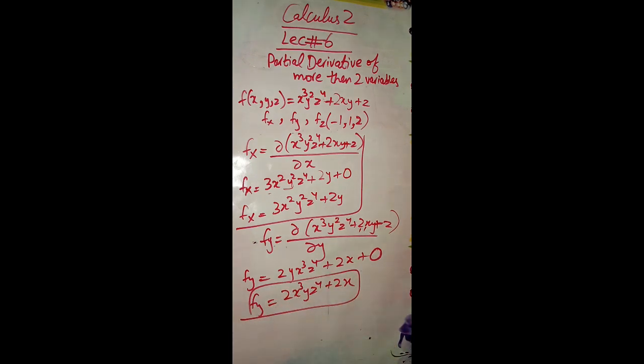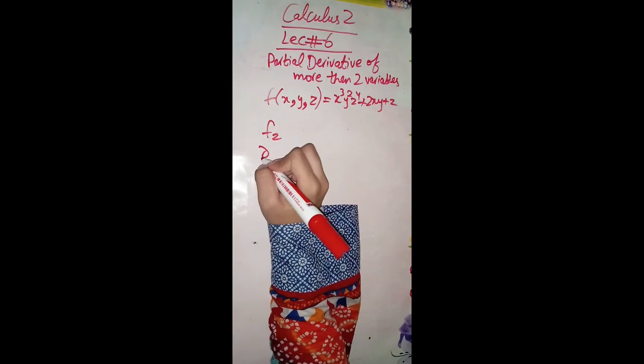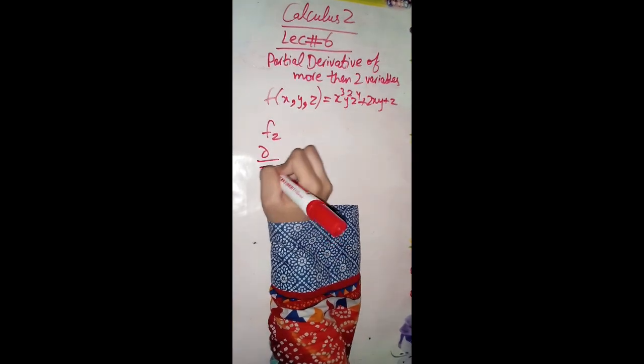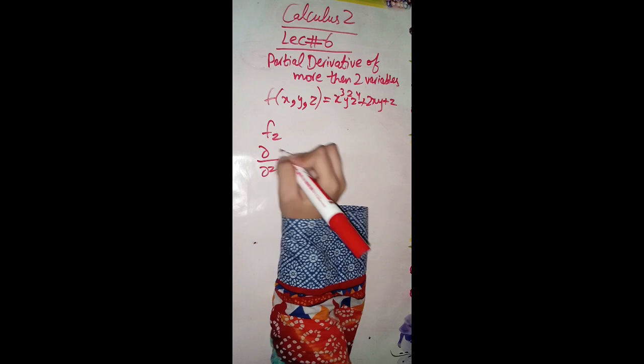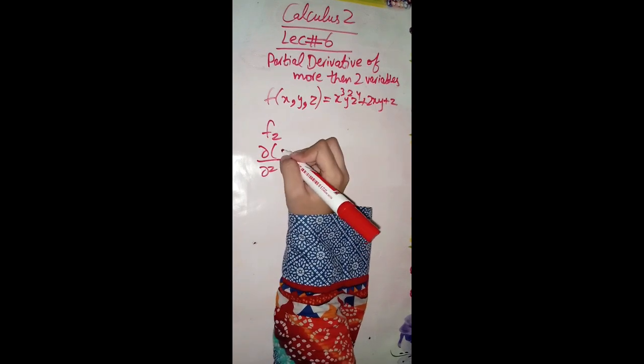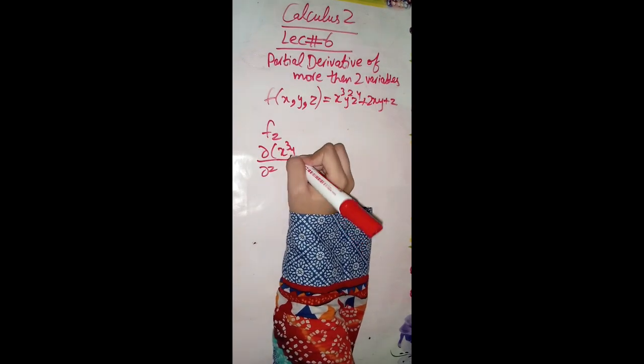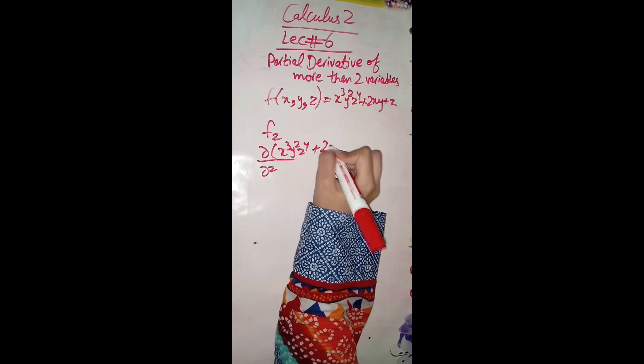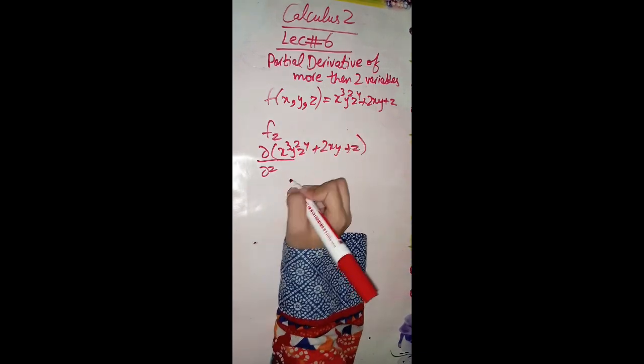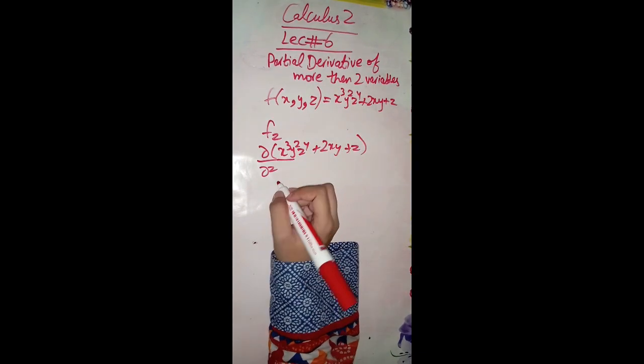Now we have to find fz, which is partial by partial of z of our expression, x cube y square z^4 plus 2xy plus z. In this, our x and y will be constant.